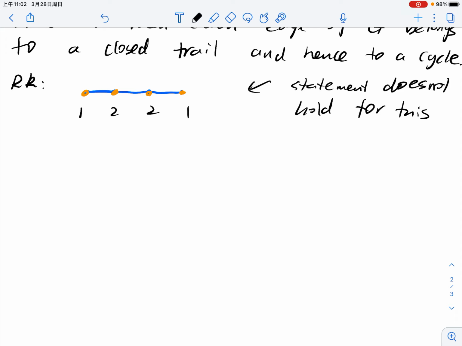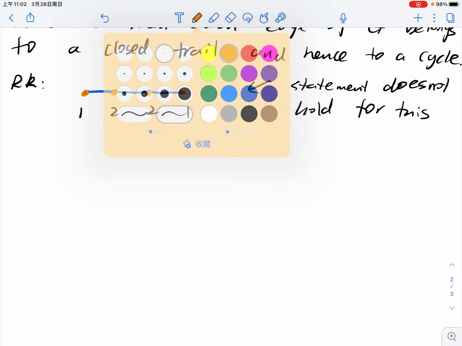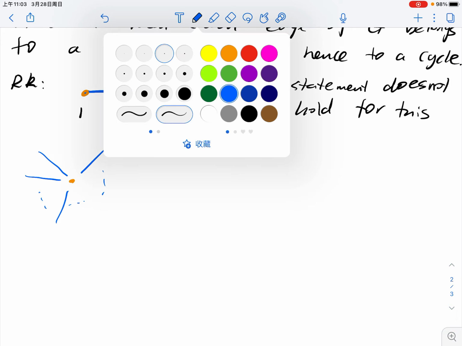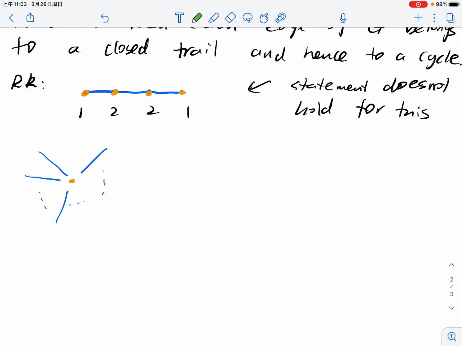And why is this evenness important? For example, you have a vertex and a lot of edges. When you draw a trail, some edge flows in, and then some edge flows out. If the degree is even, what does that mean?